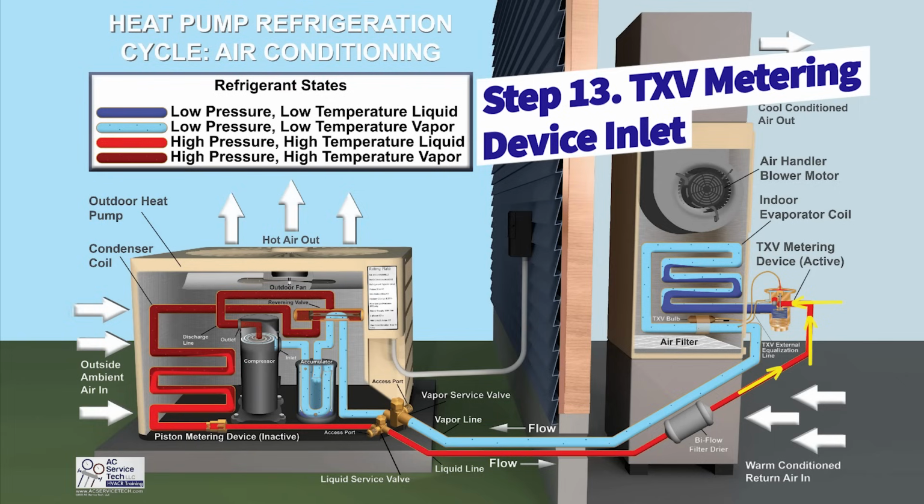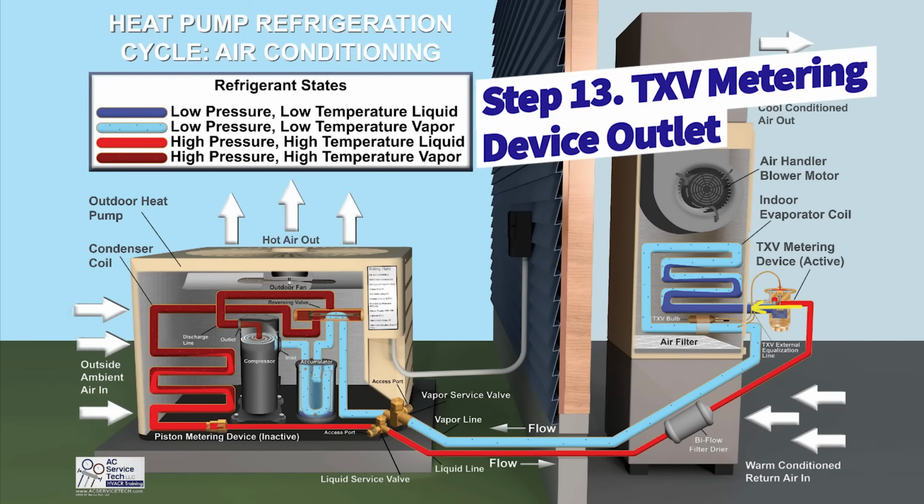So that's a TXV. And so what's going to happen is your refrigerant is going to lower in pressure. When you lower in pressure, you want to remember that it's also going to be lowering in temperature.